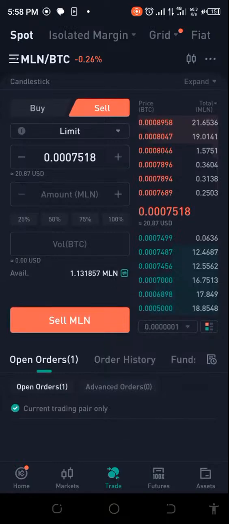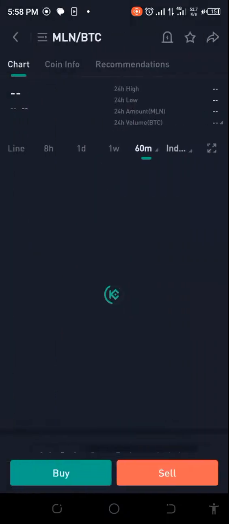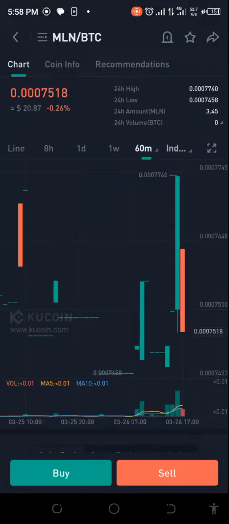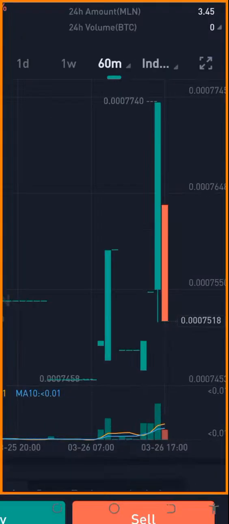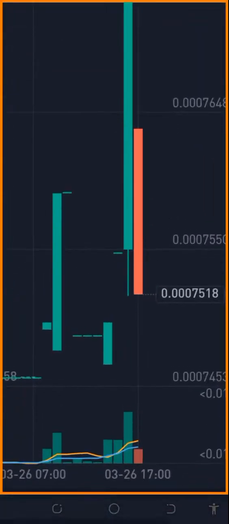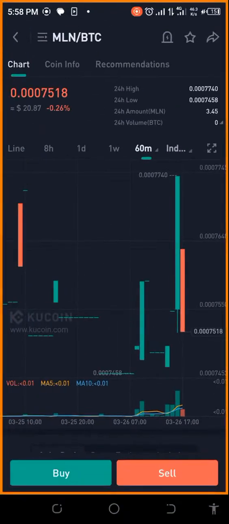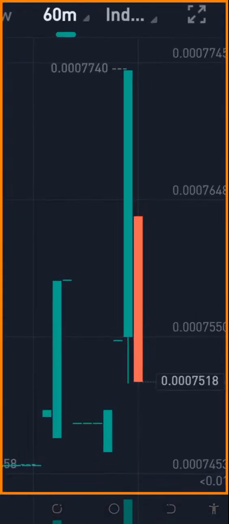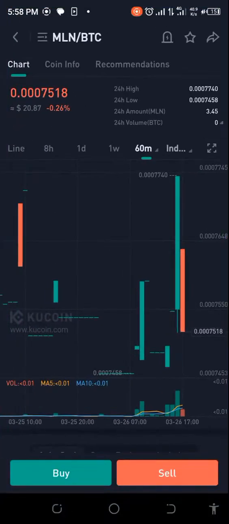Can you see that MLN BTC has gone down? It was 774. Wow. Are we going to have to do a spot trade here? Because right now it was 774. And just within how many minutes it went down? Just now. Wow.